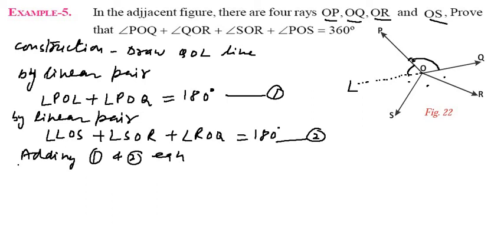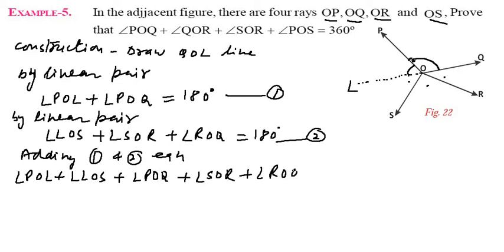How can I add? This is the angle POL. So angle POL plus angle LOS plus angle POQ plus angle SOR plus angle ROQ will be equal to 180 plus 180, that is 360.